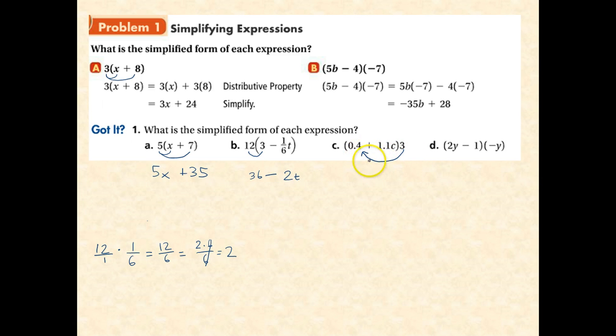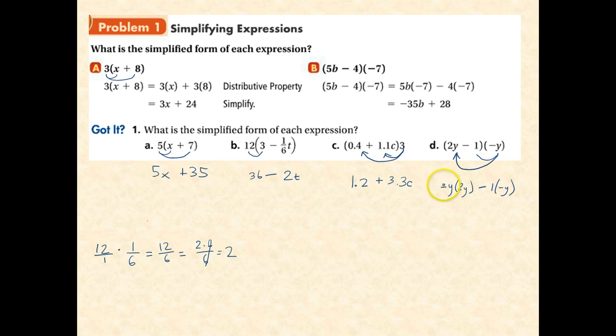3 times 0.4 is 1.2. And then 3 times 1.1c is 3.3c. All right, negative y times 2y, and then minus 1 times negative y.